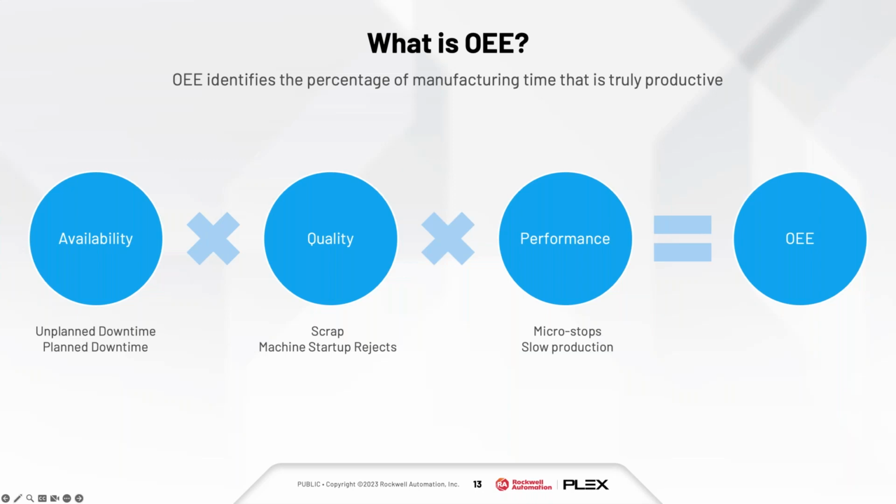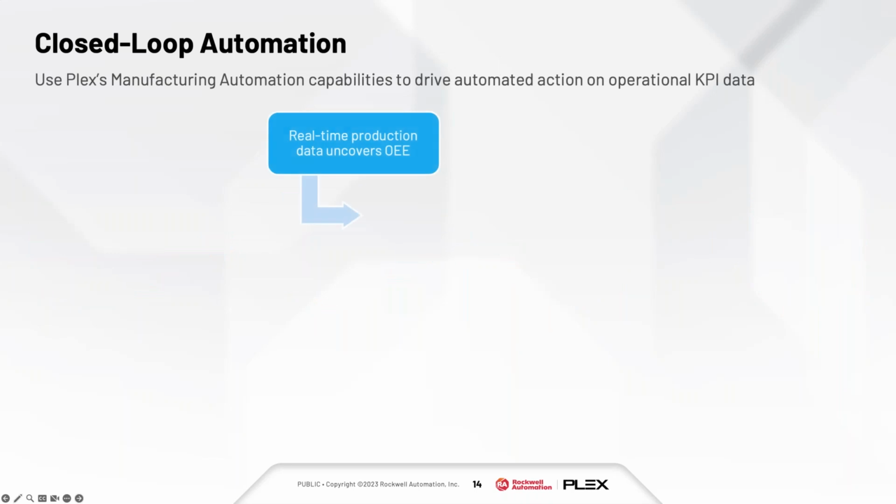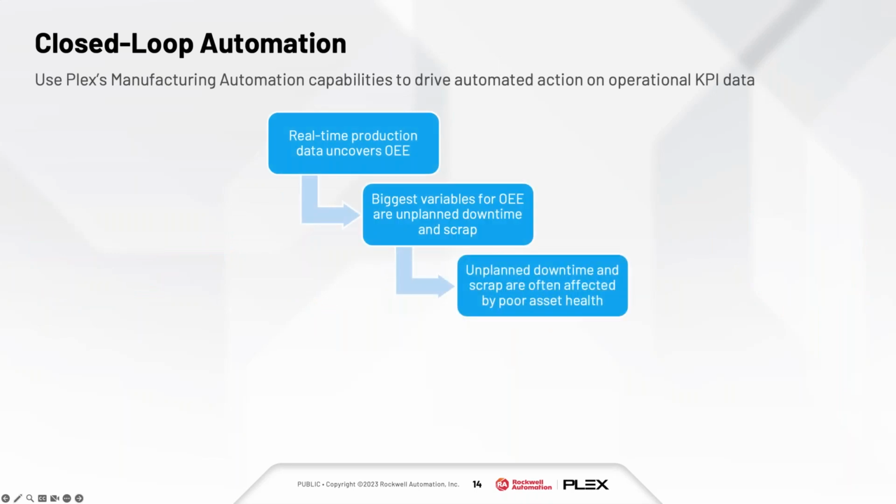This isn't new, right? This isn't new for any of us. But where the opportunity is, is with real-time data. Real-time data uncovers OEE, but as we saw in the previous slide, the biggest variables for OEE can be unplanned downtime and scrap, often because of availability and quality issues. Closing the loop, we see that unplanned downtime and scrap are often affected by poor asset health.